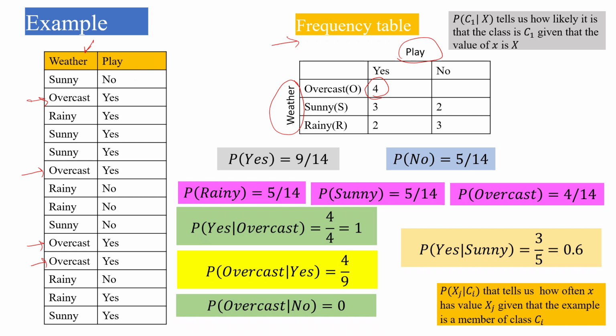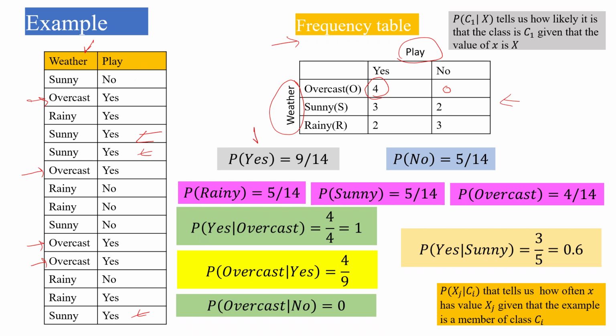With overcast, do we have the class no? No, we don't have it. So that is why this is blank, or rather it is 0. We come to sunny and yes, let us find out this one, another one, and we would have one more here. So now it is probably clear how we make this frequency table.